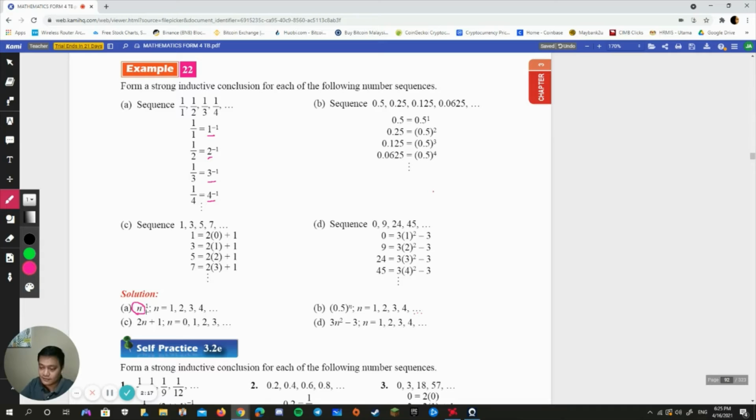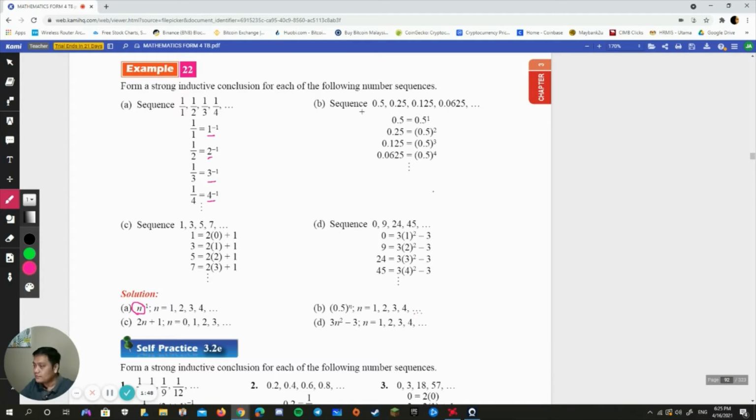So n to the exponent negative 1, and then you write down the value of n, where n is 1, 2, 3, 4, dot, dot, dot. Usually we write down 3 dots.